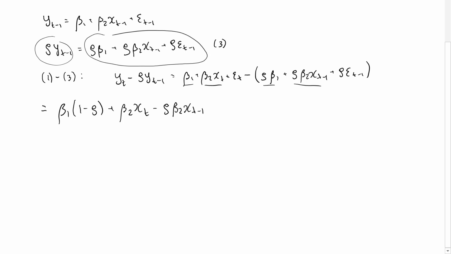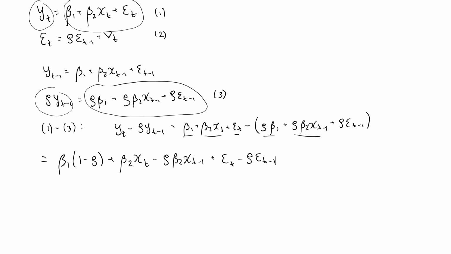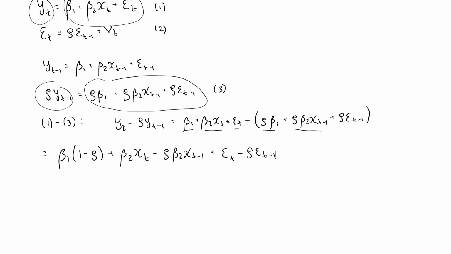Then we have the error terms, epsilon t minus rho epsilon t minus 1. So it certainly looks like I've taken something fairly simple, 1 and 2, and I messed it up completely by combining equation 1 in a weird way.